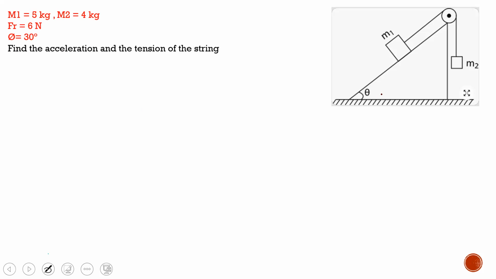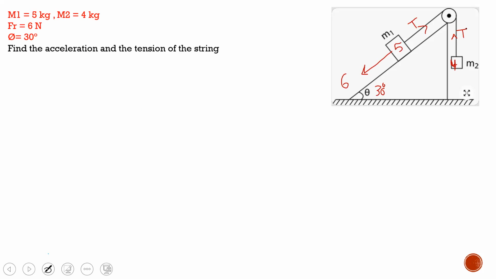So here it is 30, 5, 4, and the friction here is 6. Here we have a tension for the string, and here we have a tension for the string.